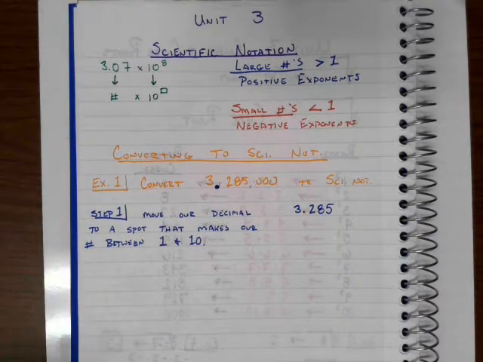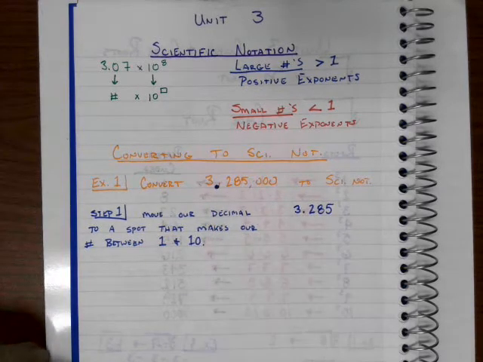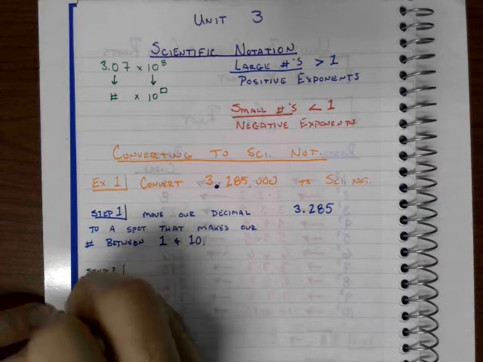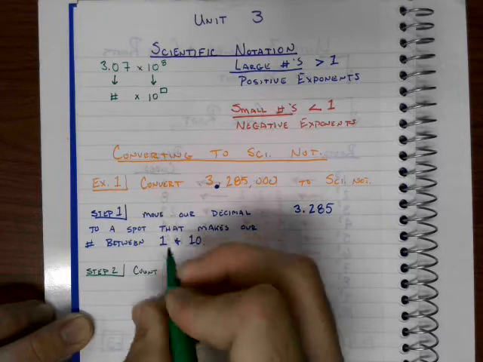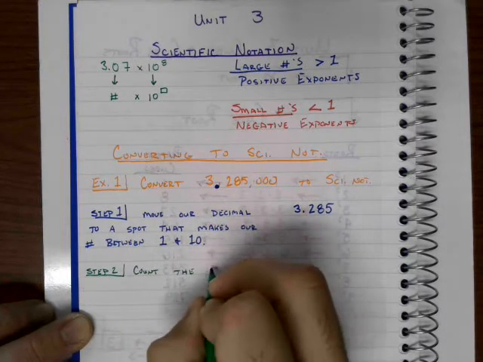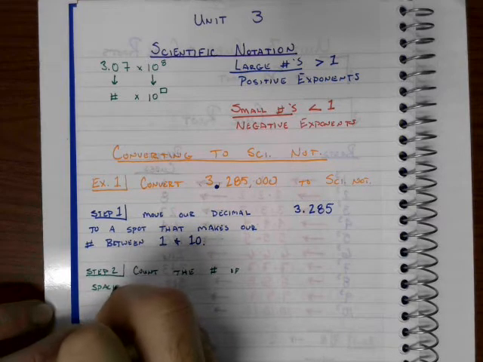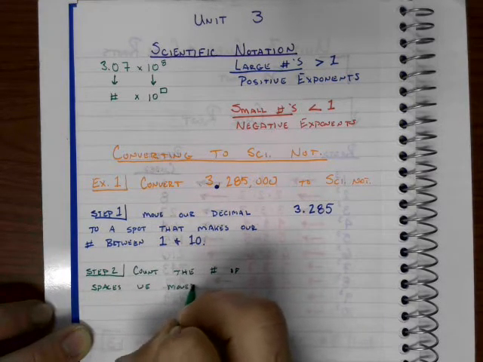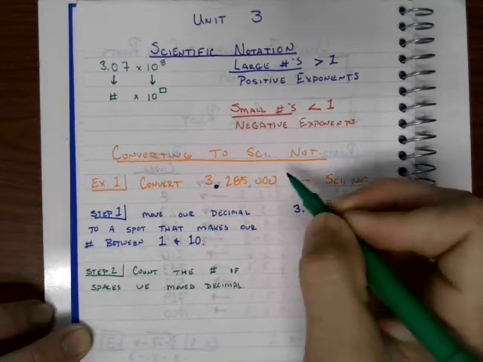Okay, so all we did in the first step was we moved the decimal somewhere that made this number between 1 and 10. Our second step is we're going to count the number of spaces we move the decimal. How many spaces did I move it?